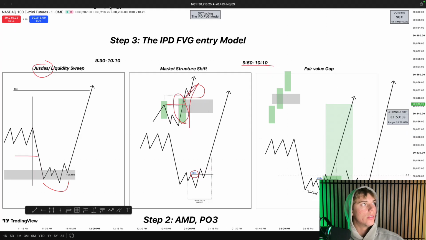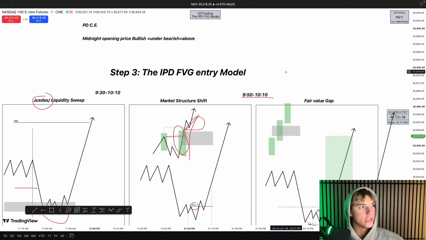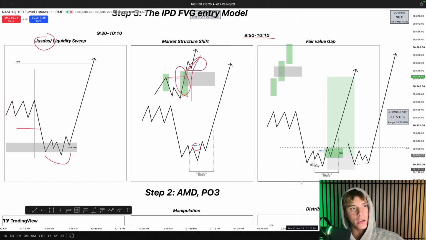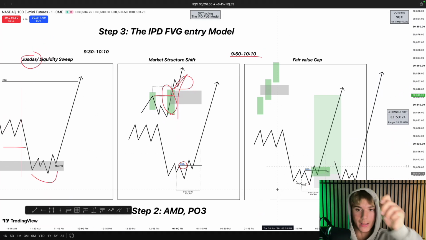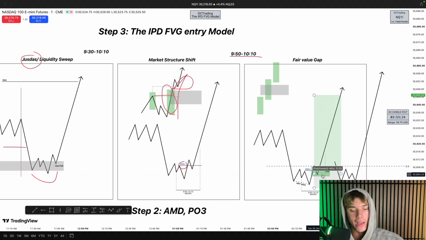Once all of this aligns and your actual entry model on the power of 3 is going to be if you have an SMT where London or Asia low has been taken out by NQ, but it has not been taken out by ES, or the other way around where it's been taken out by ES and not been taken out on NQ. So with that being said, those are your 2 forms of SMTs that you can use.